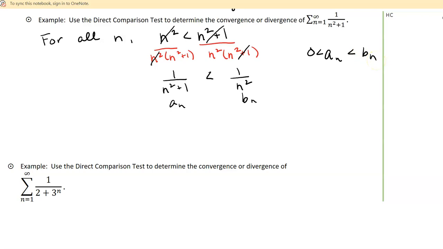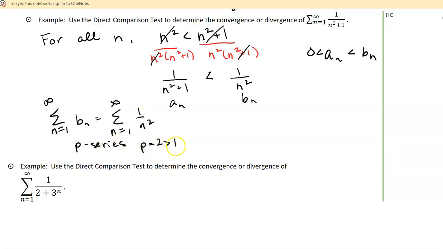So what we're going to do then is consider the sum from n equals 1 to infinity of b sub n to be the sum of 1 over n squared. And this is a p-series where p equals 2, which is greater than 1, so this converges by the p-series test.